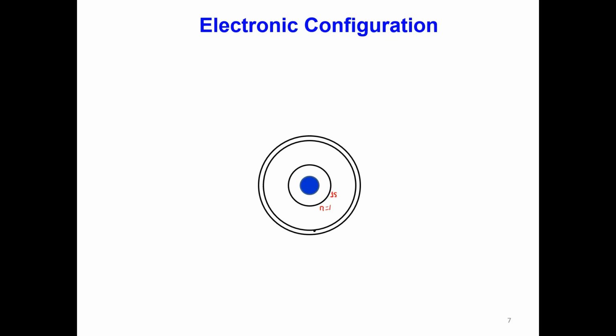Now we had the second orbital, and the second orbital we know has 2 subshells, S and P. This is why this will be n equals 2, and this corresponds to the subshell 2s, and this corresponds to the subshell 2p.